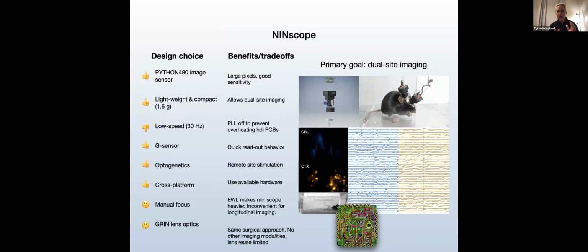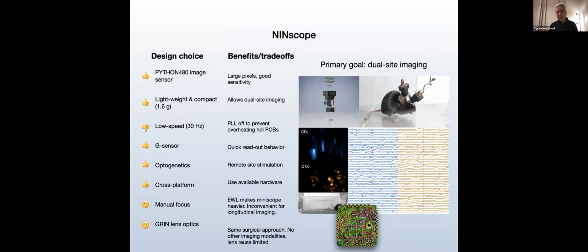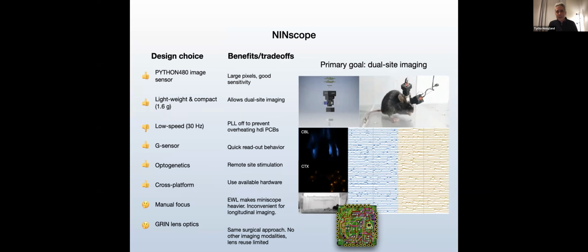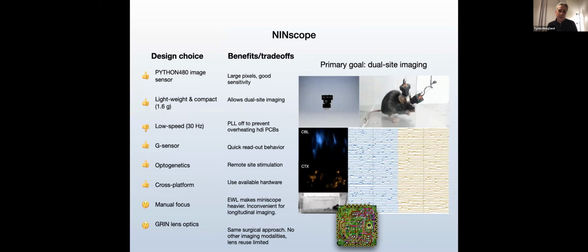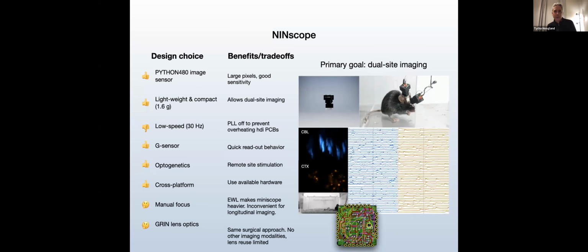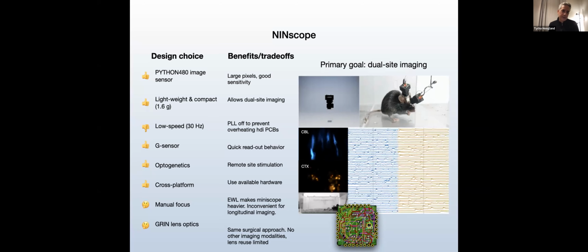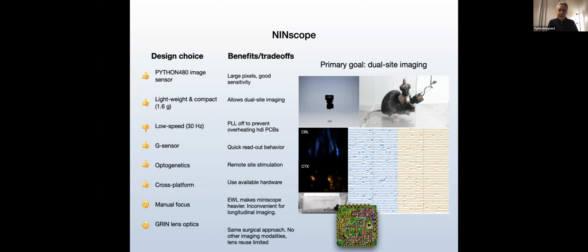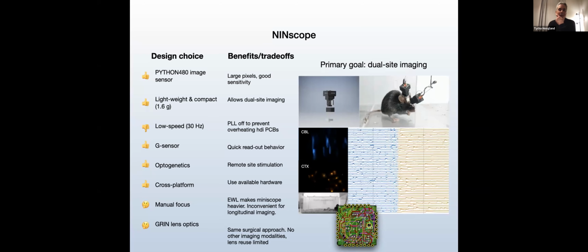So we really wanted to know how the cerebellum and the cortex synchronize activity during unrestrained behavior. And so that necessitated a new kind of design, a very small and compact miniscope. And at the time that we were posing ourselves this question and we had this need, there weren't really any miniscopes out there that were allowing us to do this.